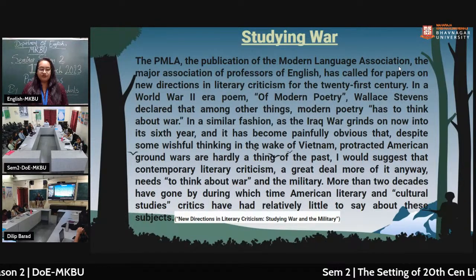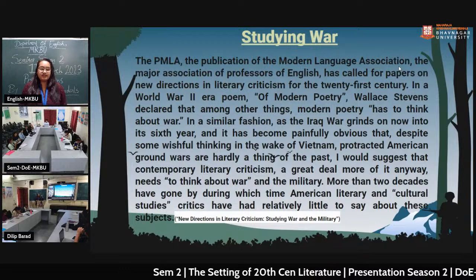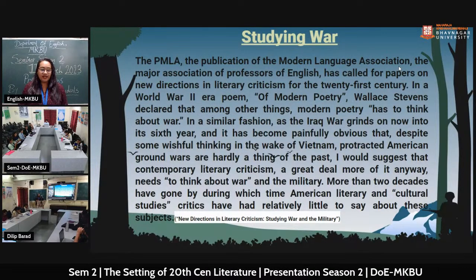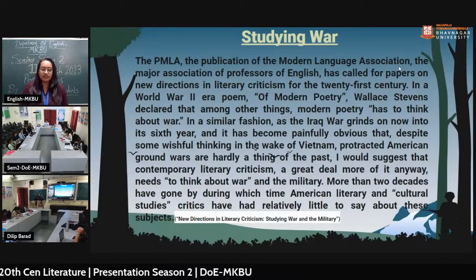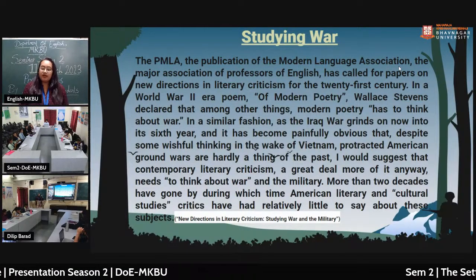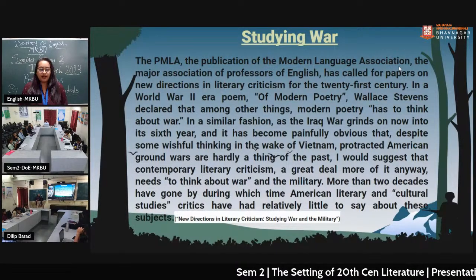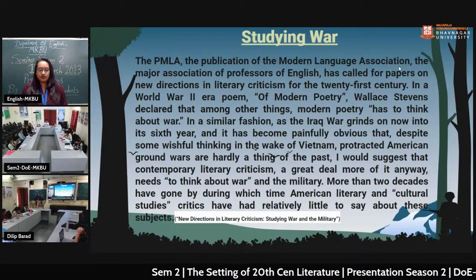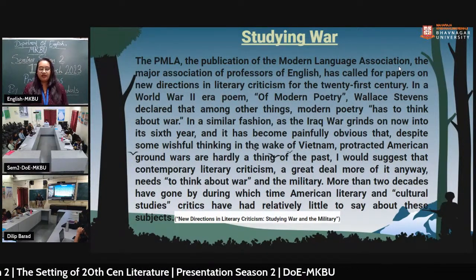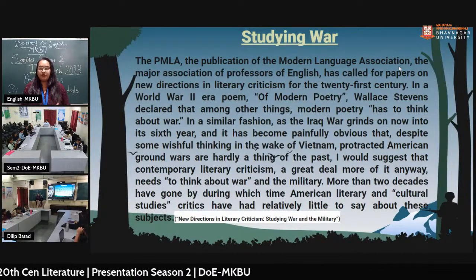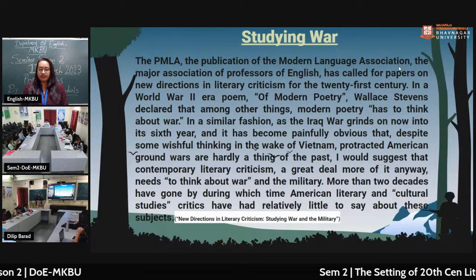In a similar fashion, as the Iraq War grinds on into its sixth year, it has become painfully obvious that, despite some wishful thinking in the wake of Vietnam, American ground wars are hardly a thing of the past. So Stevens declared that the modern poet should think about war.